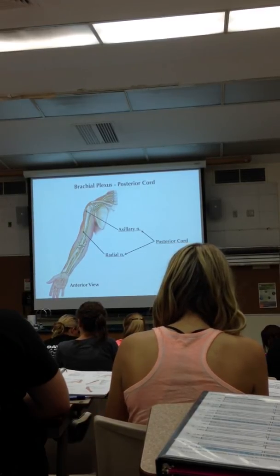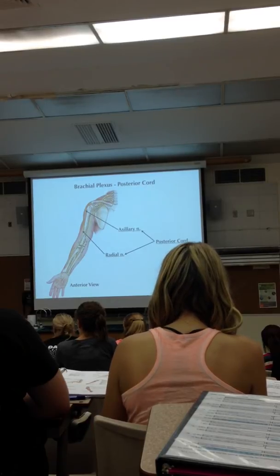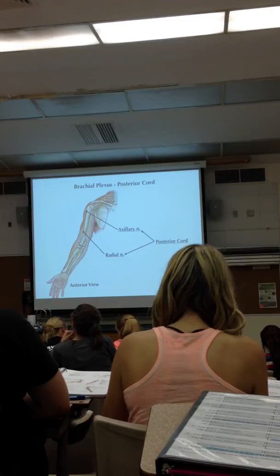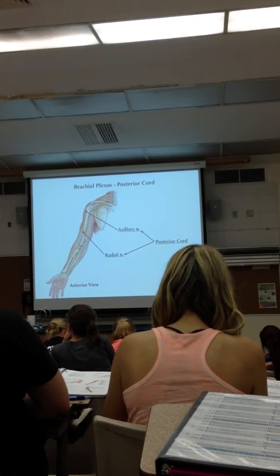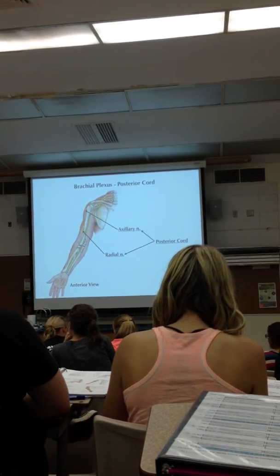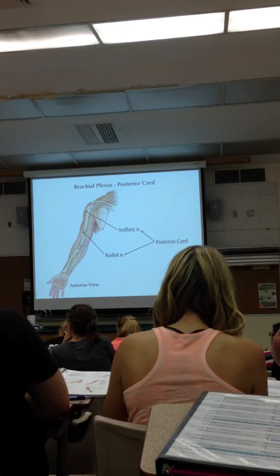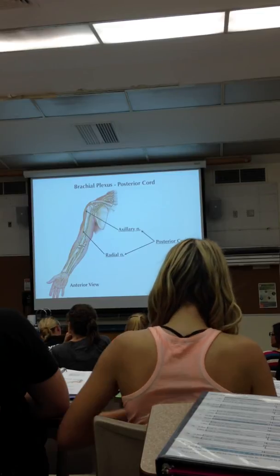So the description might be like, the ulnar nerve is on the medial side of the forearm, you know? And you're going to see these nerves in the lab. And so that's where you're really going to figure your description out, when we look at it in the lab. So in the lab, we're going to point these nerves out on the arms and stuff, and then you'll say, okay, now I know where it's at, and you'll probably write that for your description.